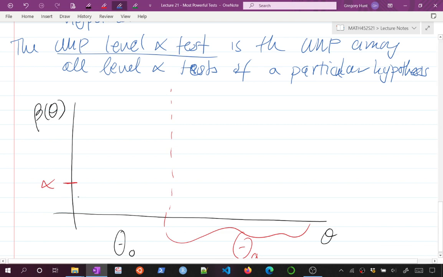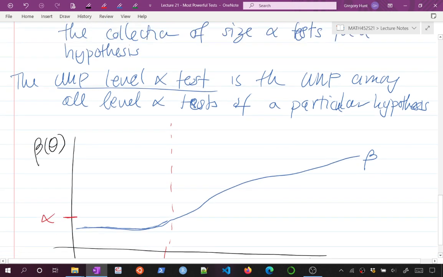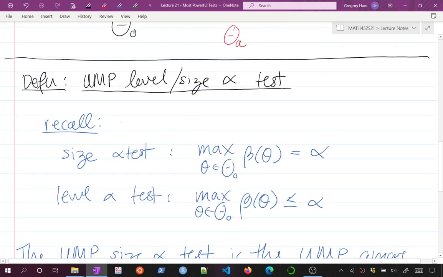So for example, something with a power function that looks like this would be a level alpha test, because over the null hypothesis, the beta is lower than alpha. The maximum probability of rejecting under the null, this is my function beta, is less than alpha, and that makes it a level alpha test by our definition here.